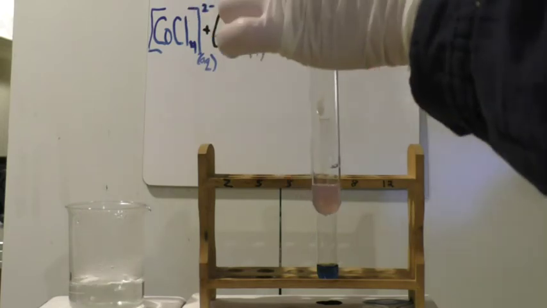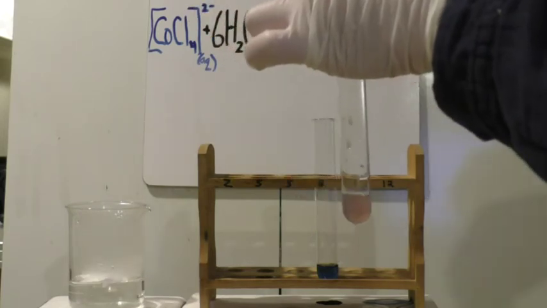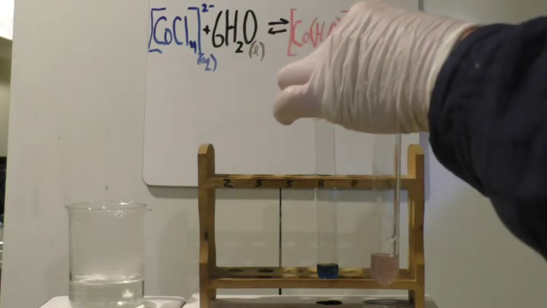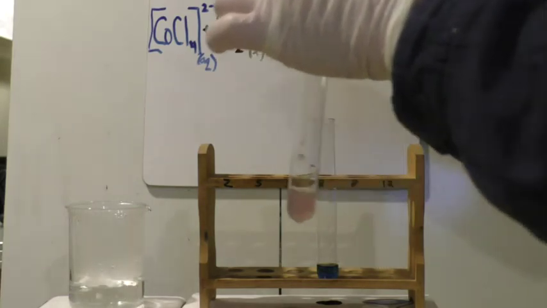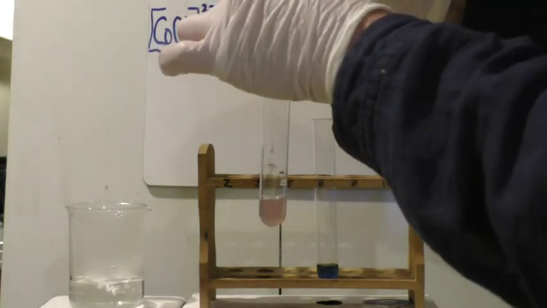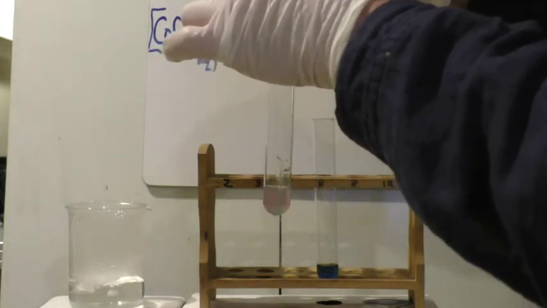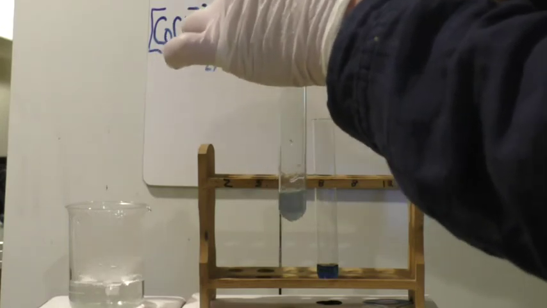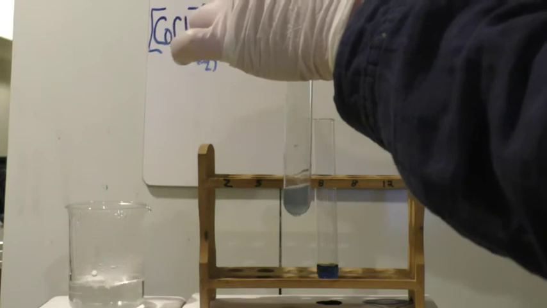You can see it's getting pretty pink. How could I drive that back? Let's see if I can add more chloride and push it all the way over to blue. That's pretty cool. So now we're in that sort of in-between state.